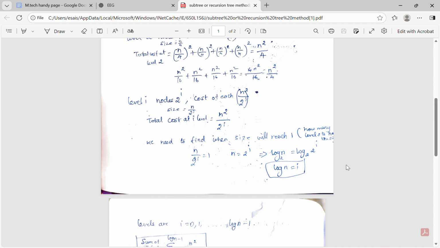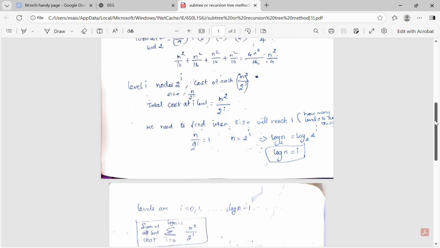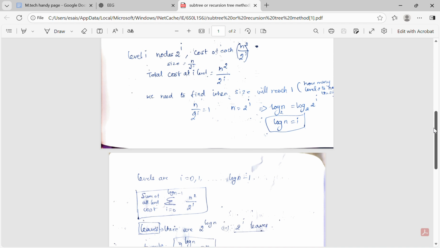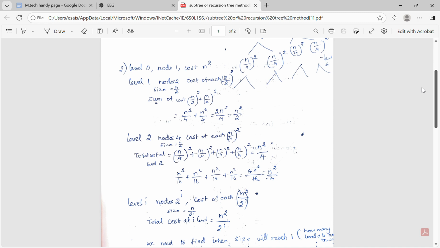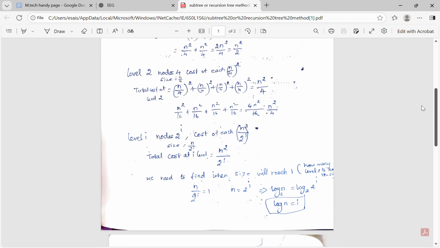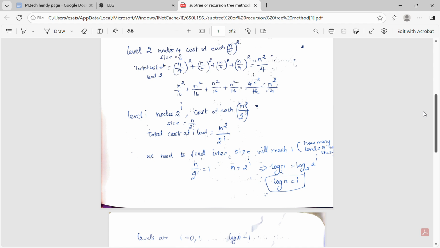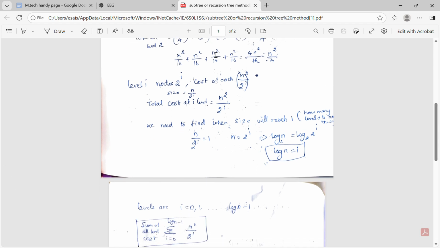So log n equals I. Till now, first we found at every level what the size was, what the cost was, and the sum of the cost at that level, everything we have found. Finally, we found when the size of the node, n by 2 power I, will reach 1.